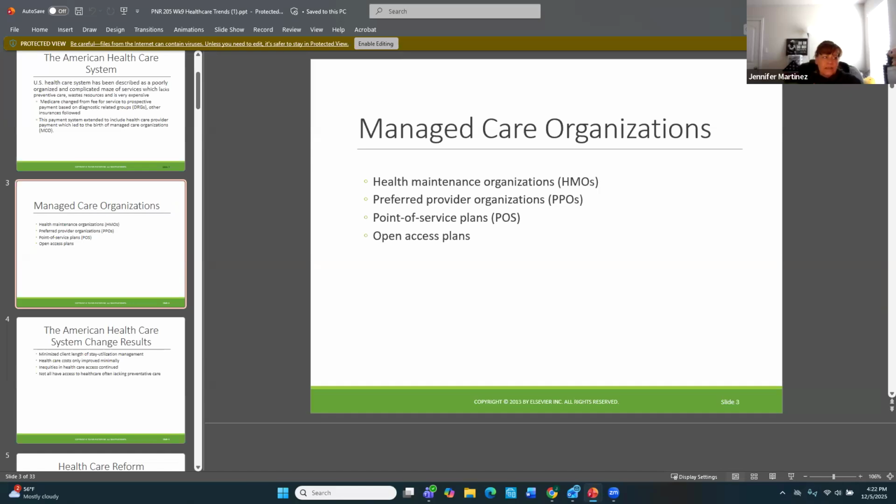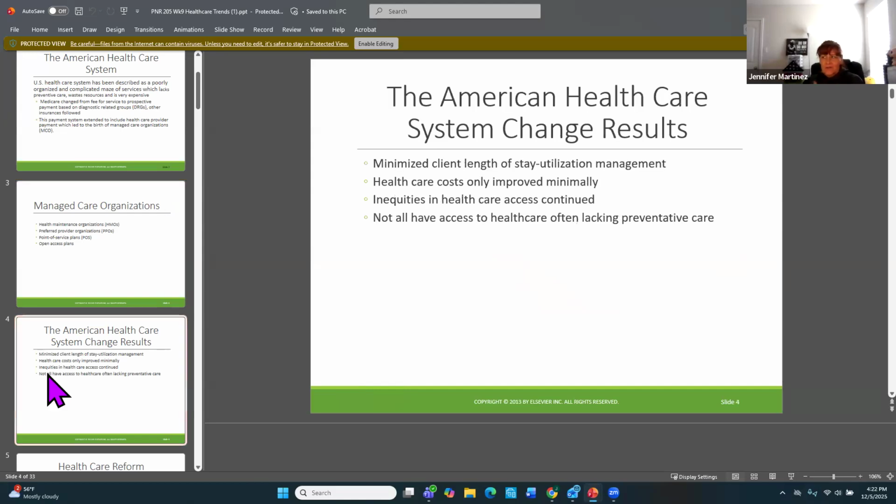And even with all of these different changes that occurred, only a small improvement in healthcare costs was realized. Still having high medical bills. There's still a lot of inequities in our healthcare access, which we know not all Americans had access to healthcare, especially if they were underemployed or unemployed.